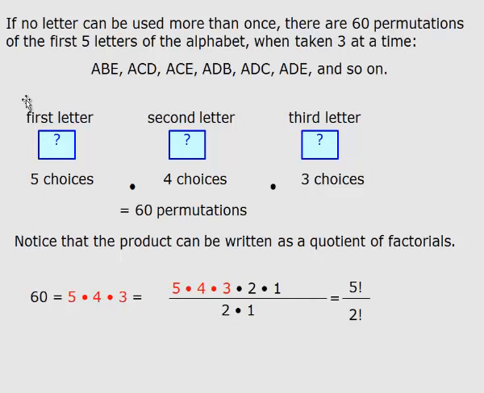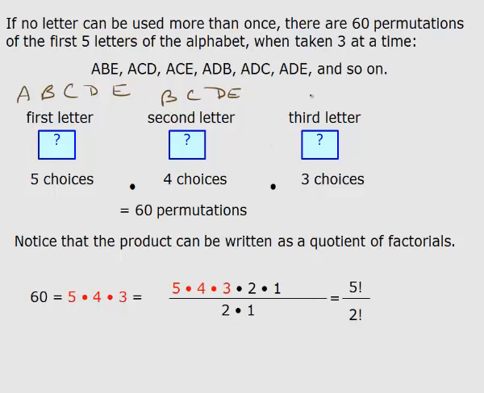Now, if no letter can be repeated more than once, there are 60 permutations of the first 5 letters of the alphabet, when taken 3 at a time. Okay, this is where this gets a bit confusing. But for the first letter, we could pick A, B, C, D, or E. We had 5 choices. For the second letter, let's assume A was picked, and our choices would be B, C, D, and E. We had 4 choices.